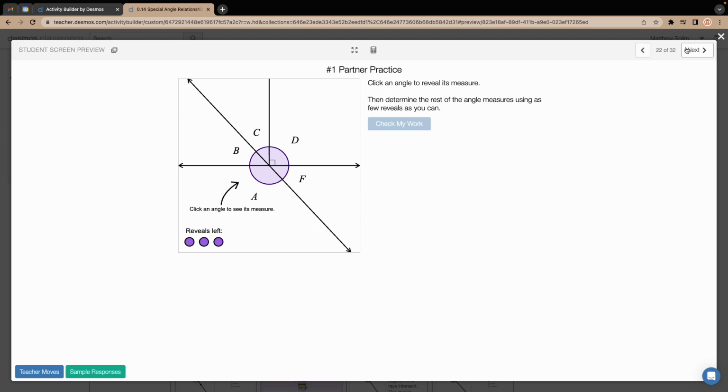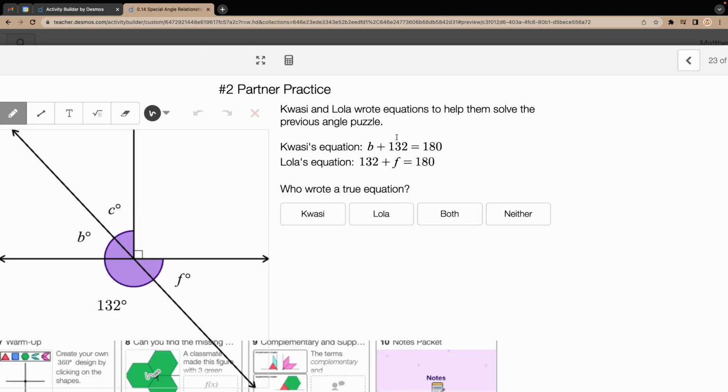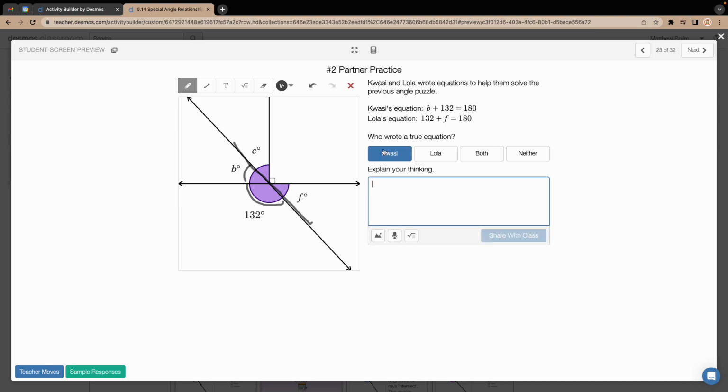So then we just practiced finding a few more angles, writing equations. Just really quick, if we had B plus 132 equals 180, is that true? Well, B is this angle, plus 132 is this angle. That makes a straight line. So it is 180. So Kasai is right. Lola says 132 plus F equals 180.